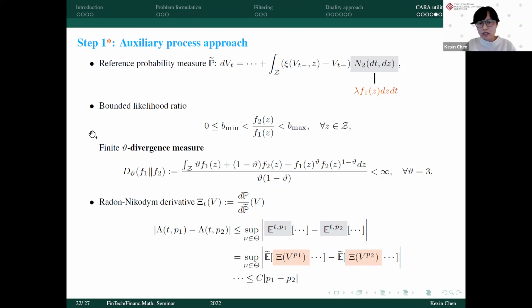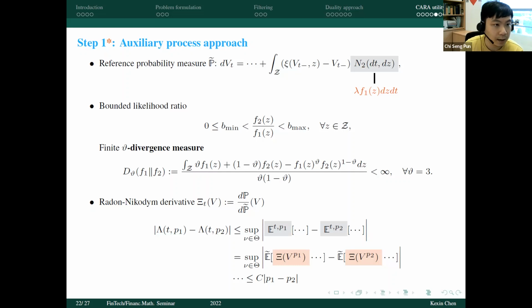I need to propose this assumption to ensure that the reference probability measure and the auxiliary process V_t here satisfy some good properties. Inside of it, the parameters satisfy the Lipschitz condition and also the growth condition. So I can ensure that the corresponding value function can be characterized well. That's why I need these conditions here.